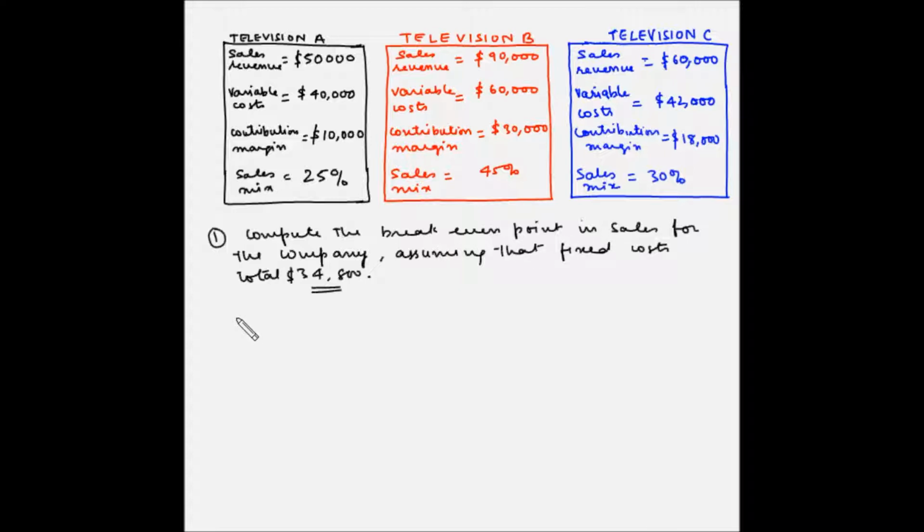Now we know that the break-even point is the point at which there is no profit and no loss, or in other terms, the total revenue is equal to the total cost.